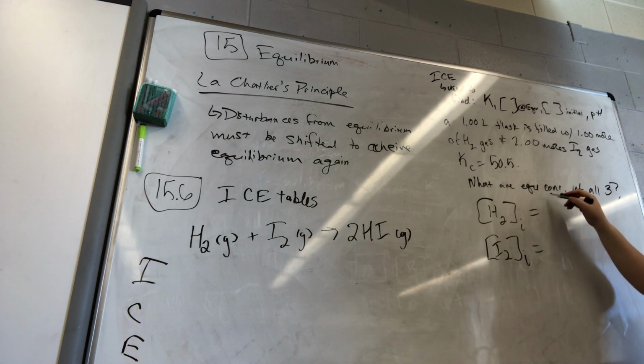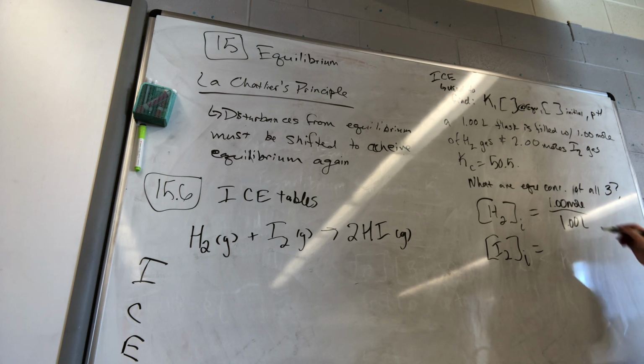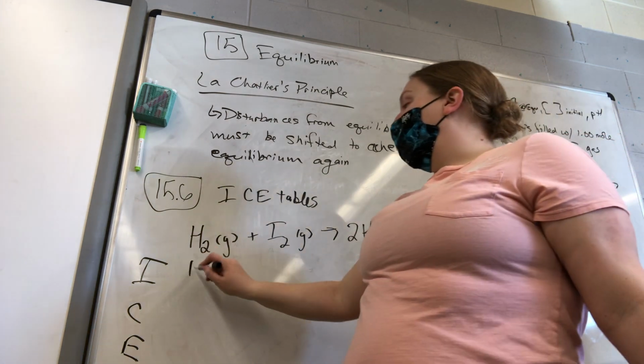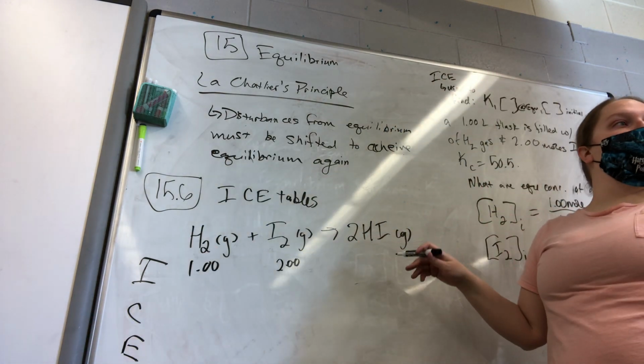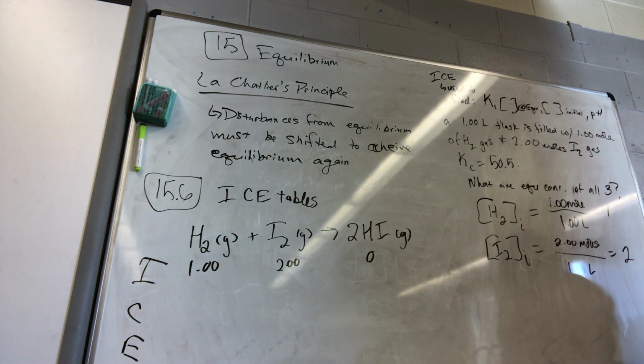I say concentration, but remember, you have to actually get it into moles per liter to put it into the table. We did do some where we said you could leave it in moles and then convert it to the concentration at the end. In this case, since it's 1 liter, the concentration is just the same as the molar amount. So we do 1.00, 2.00. If we weren't given one to begin with, what do we assume it is? 0? Yeah.